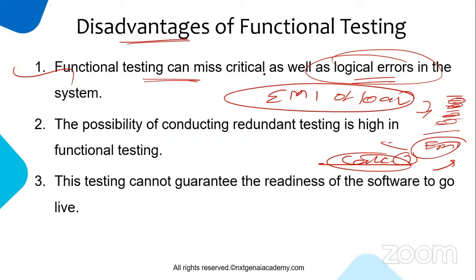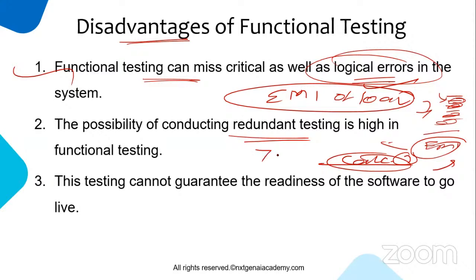Functional testing can miss critical as well as logical errors. Possibilities are there. What if some formula is wrong, which a developer forgot to do? The possibility of conducting redundant testing is high. Redundant testing means doing the same thing again and again without updating your test cases.